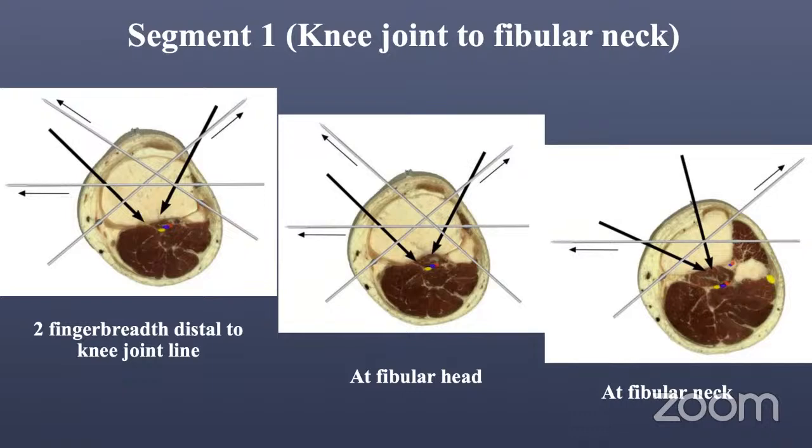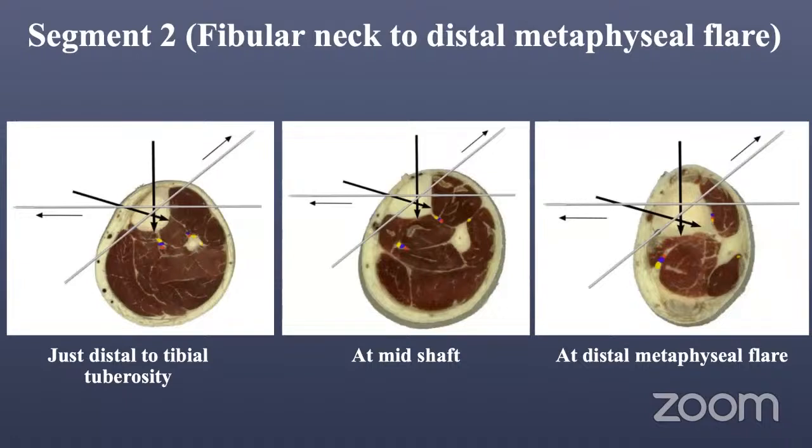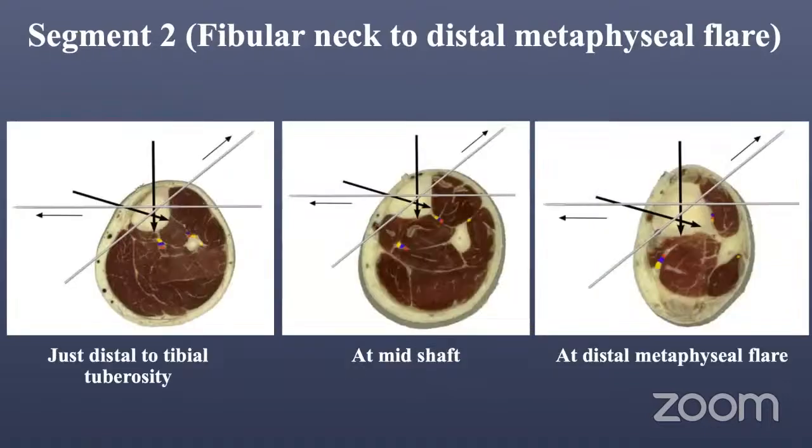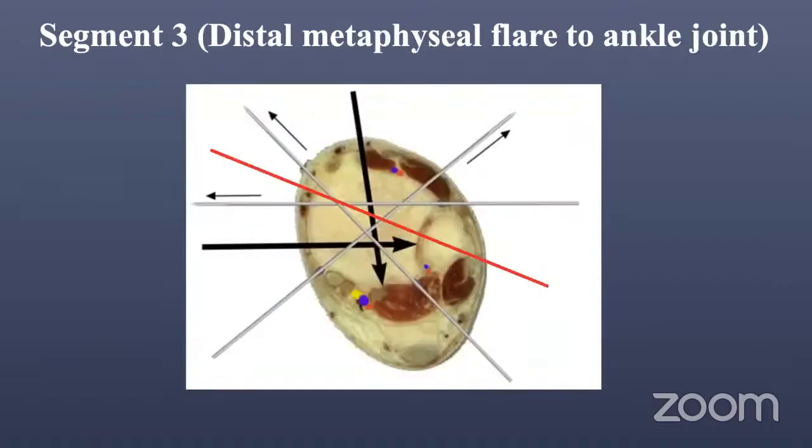Next. The same is the situation in segment 2. We can see the coronal plane wire and the medial face wire and 2 half pins here on the anteromedial surface of the tibia. This is segment 2. And next.